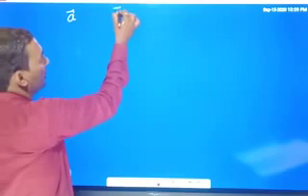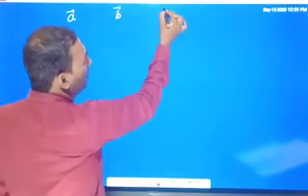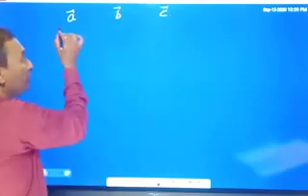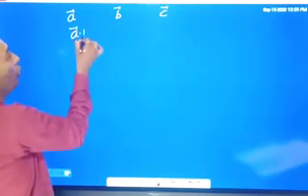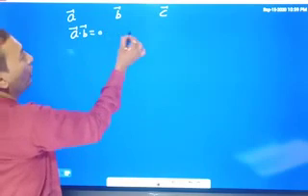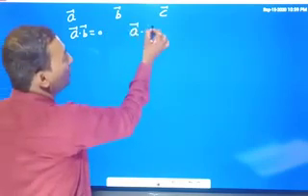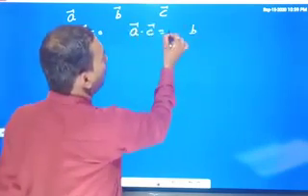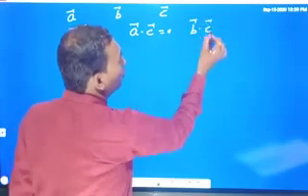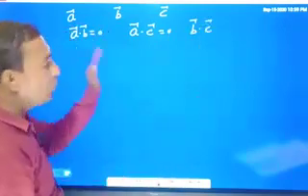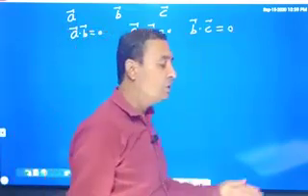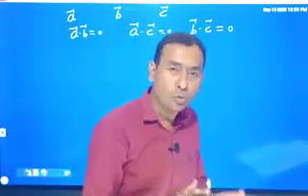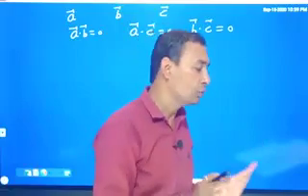We assume the first vector is A, the second vector is B, and the third vector is C. If these vectors are perpendicular to each other, then A dot B is 0, A dot C is 0, and B dot C is also 0. You can easily find that A dot B, A dot C, and B dot C are 0 here. So these three vectors are perpendicular to each other. You can easily solve this question.